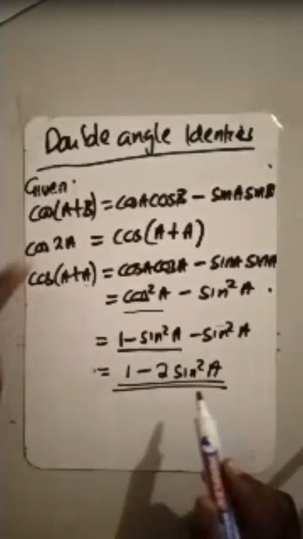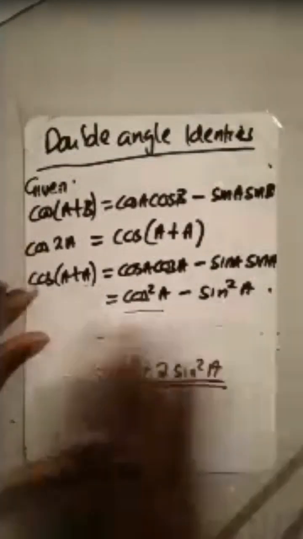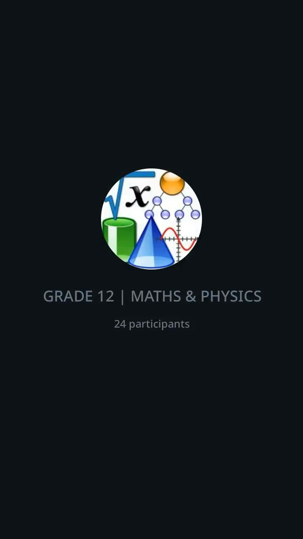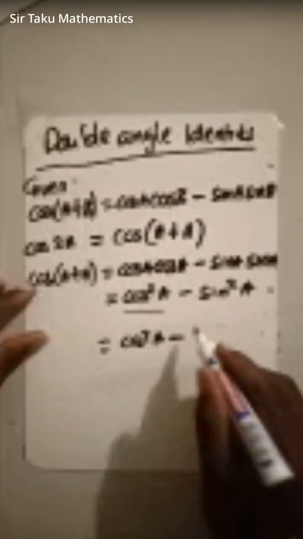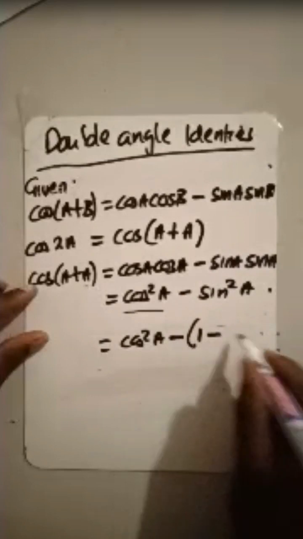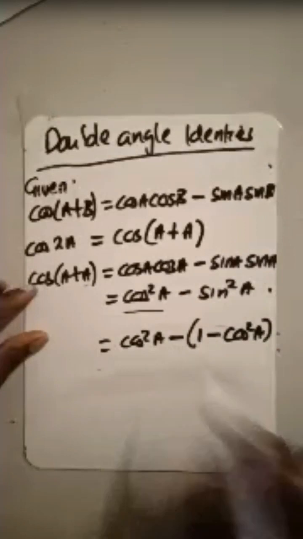We know that cos 2A is equal to 1 minus 2 sin squared A. The other identity says cos squared A minus sin squared A. Then here we know that, guys, sin squared A is the same as 1 minus cos squared A. I put brackets there because we have a minus.